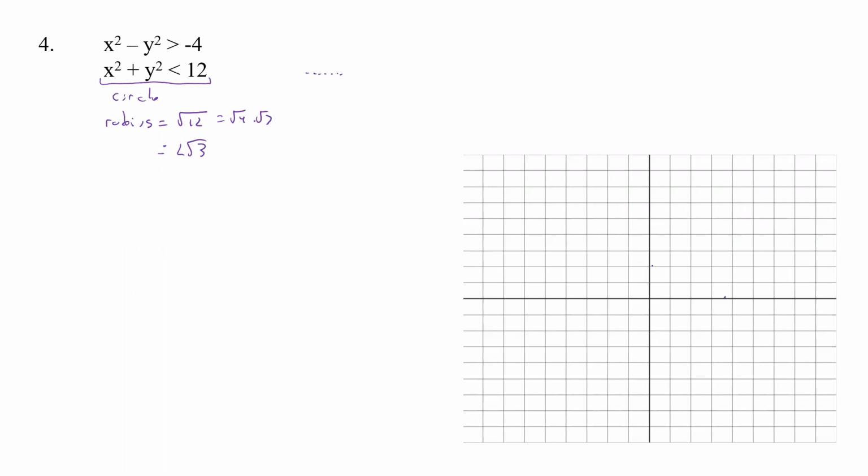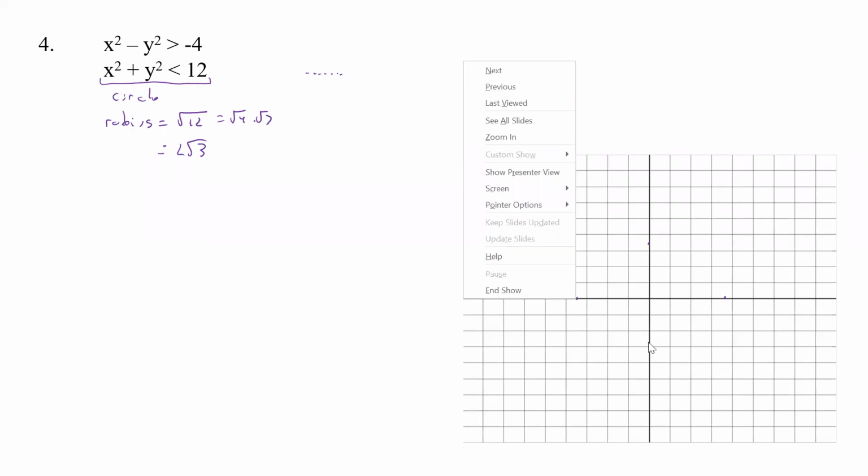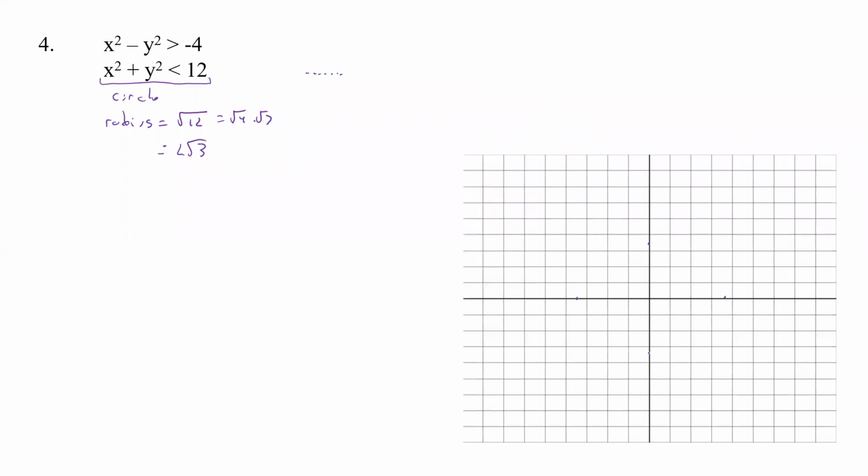And then 1, 2, 3, and 0.46. Then 1, 2, 3.46. 1, 2, 3, 4, 6. And so we're going to have some kind of dotted circle kind of around there. Bad circle, but that's okay.